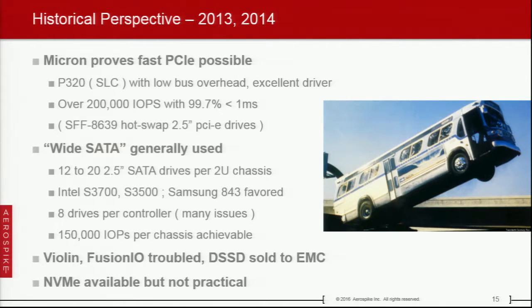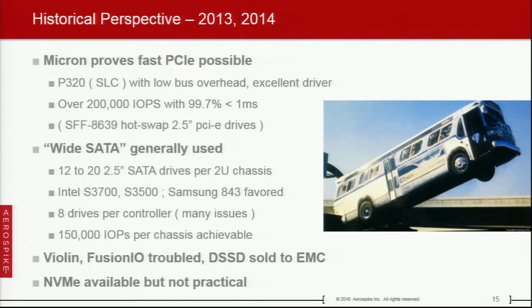So if you were willing to do the homework, figure out which devices were fast, figure out what your controllers were, and write some really good code, this wide SATA use case could get you some pretty amazing performance. We easily had, I put 1,500 on this slide, but I think I did actually have customers that were running closer to 250K TPS on a single 2U chassis. Again, it's clustered, so you can do a lot of other work with that and add more to it.